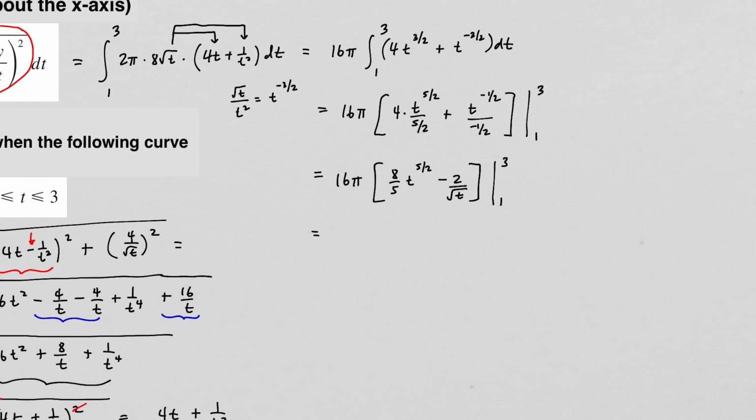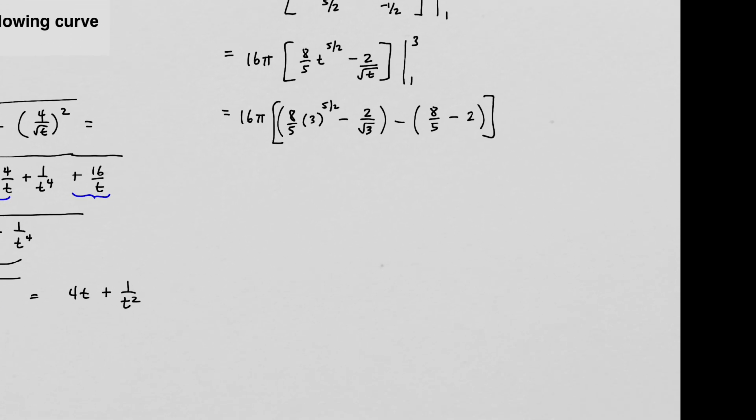If I plug in 3, we get 16 pi multiplied by 8/5 times 3 to the 5/2 minus 2 divided by the square root of 3, minus, and if I plug in 1, we're just going to get 8/5 minus 2. Now we just need to simplify. So let's think about 3 to the 5/2 power. This is the square root of 3, quantity to the 5th power, which simplifies to 9 radical 3.